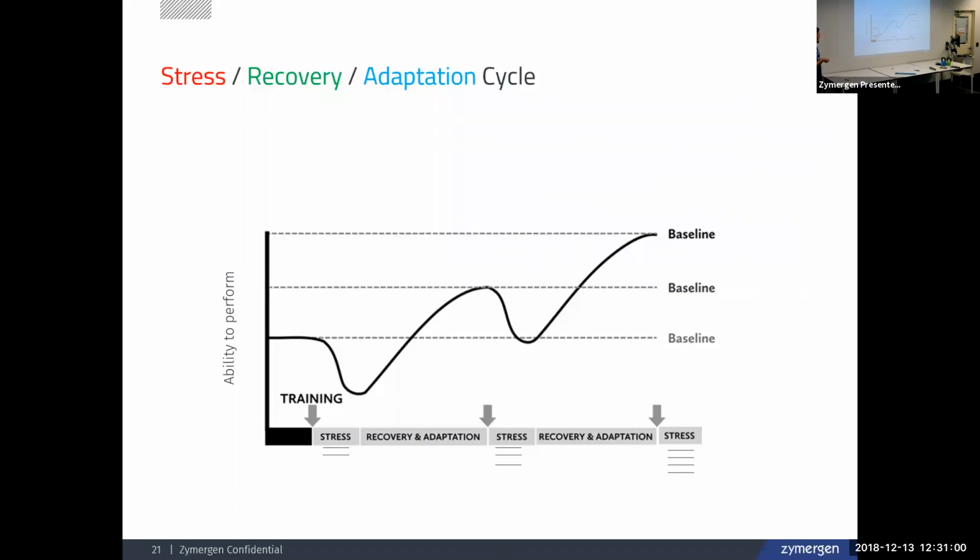After encountering that stress, there's a limited amount of stress that it could go through. It recovers and then adapts, and then it can encounter stress again and recovers and adapts. That's what organisms do. And if the stress is heavier and heavier external resistance, then the adaptation is going to be more and more strength.